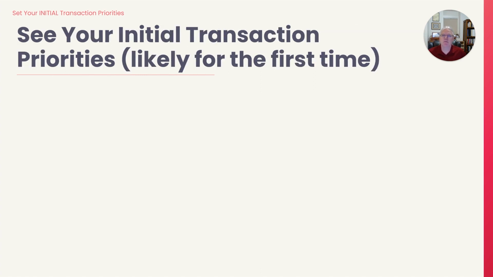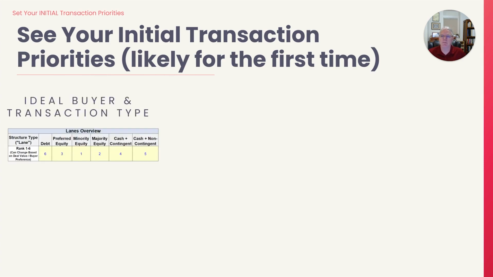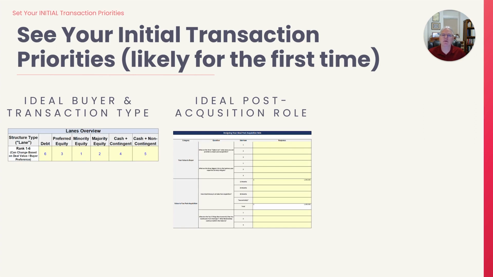Here's the final step in this: putting all three of those things together and seeing your initial transaction priorities likely in a new way for the first time. You'll have identified the buyer that's ideal and the transaction type that they like to utilize. You'll have looked at your post-acquisition role and defined in detail what you think you can do to help a buyer and also then help yourself.